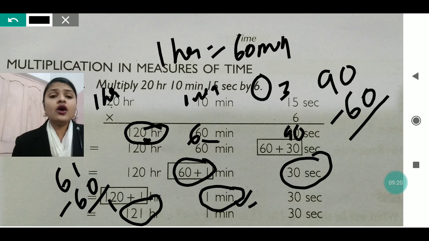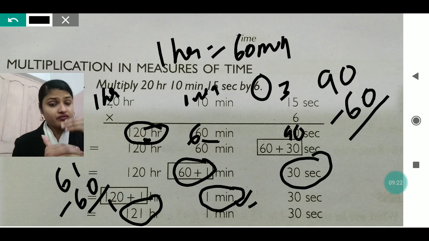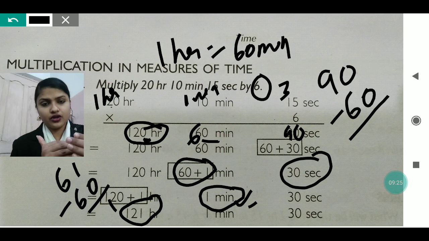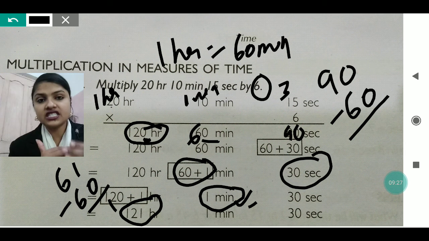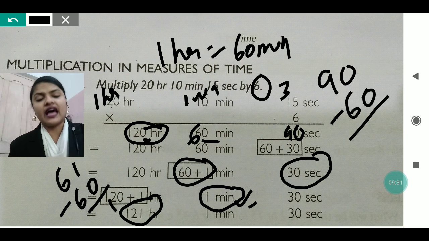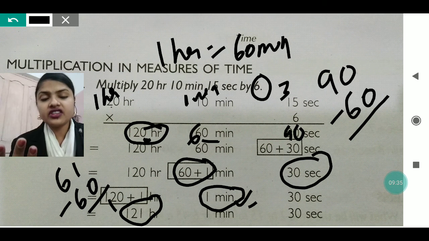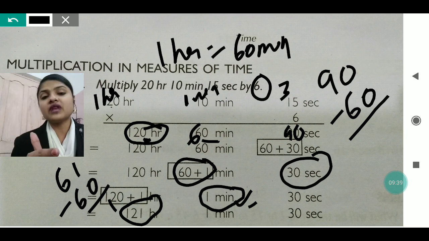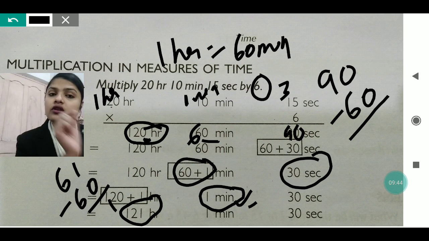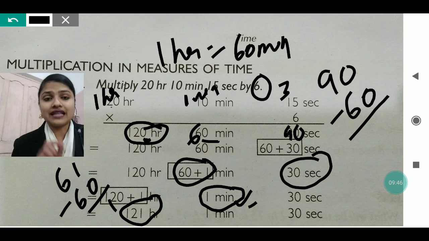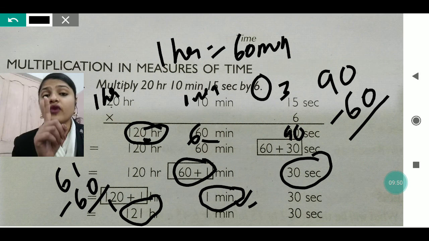Again I am explaining, whenever you get more than 60 either in seconds or in minutes, you will convert that to the next unit. If you get 63 seconds, you subtract 60 from it and get only 3 seconds. That 3 seconds is written in the second column, and the 60 is converted into 1 minute.